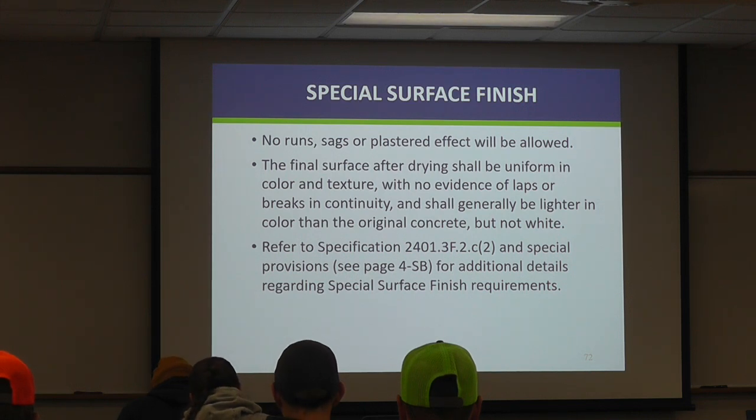This is obviously a bit subjective. I may think something looks really bad, the contractor says, oh, that's perfect. And so we have a lot of arguments. And then there's more things that we have, including in our special provisions.